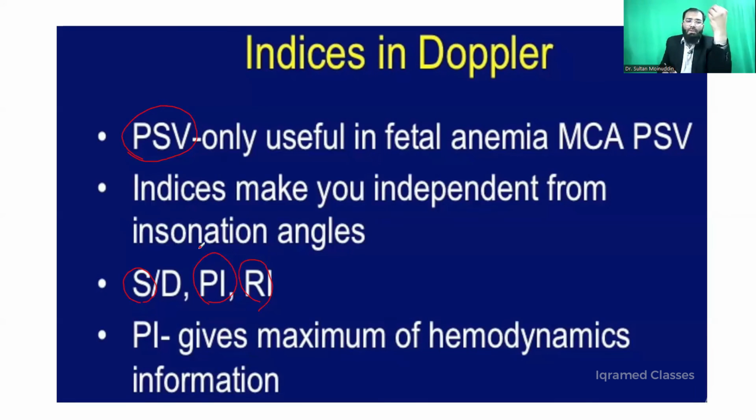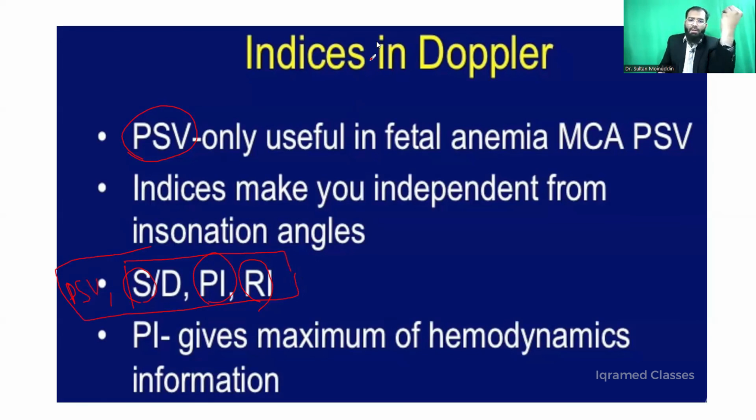Now, out of this, if I ask you the question, PSV, S by D, PI, RI, which is the best parameter? If I want a single parameter for Doppler, which is the one you would select out of this?